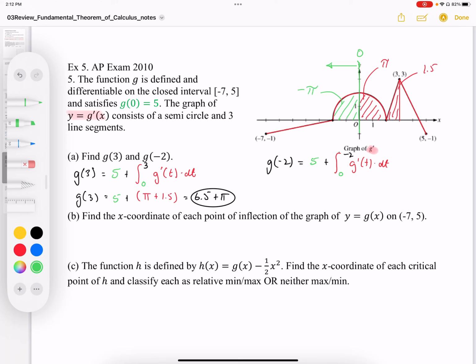So this is going to be equal to 5, our original position, plus, now the displacement is going to be negative pi. So the y coordinate at x equals -2 is going to be 5 minus pi.